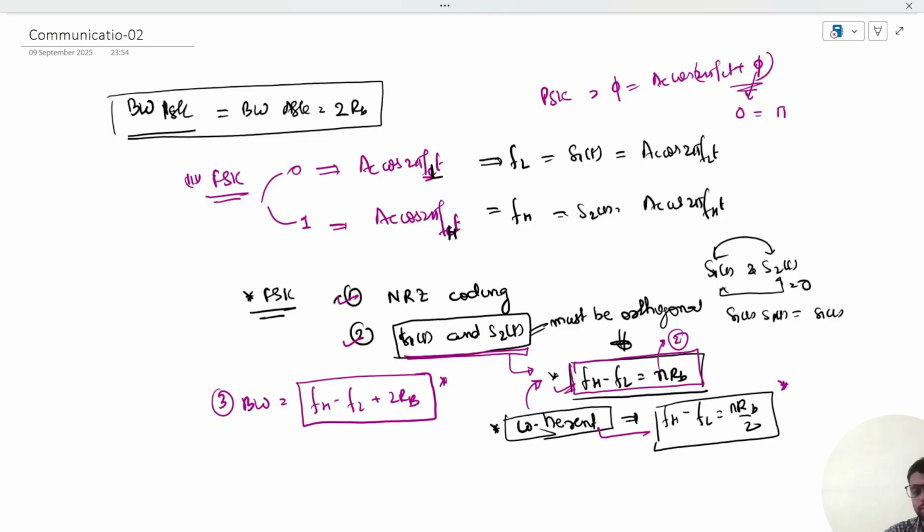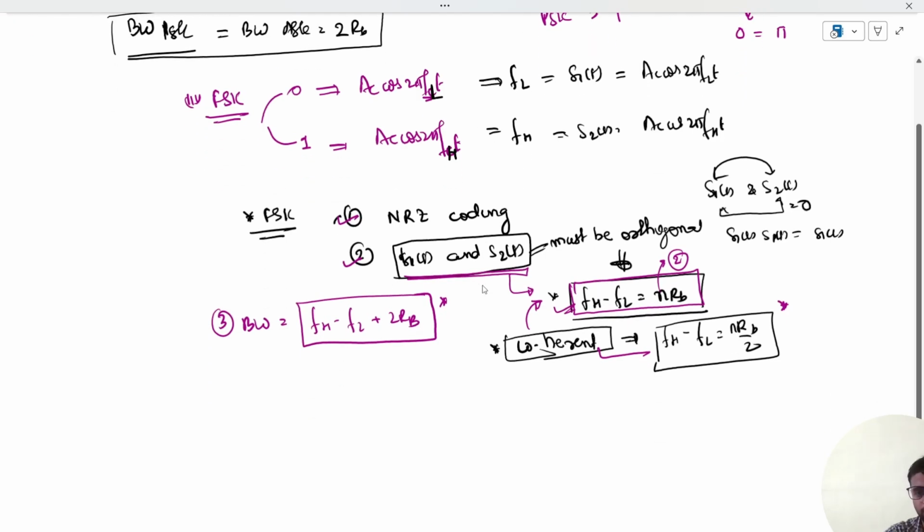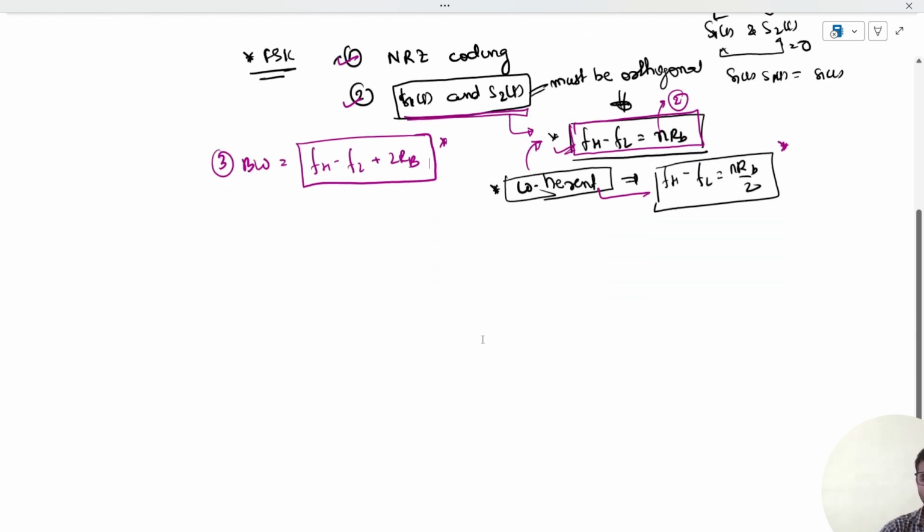See, I am only discussing the important points from the point of view of examination. Okay. So now let me compare ASK, PSK, and FSK.